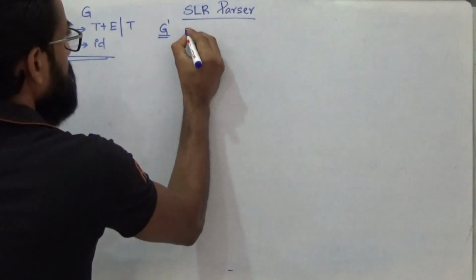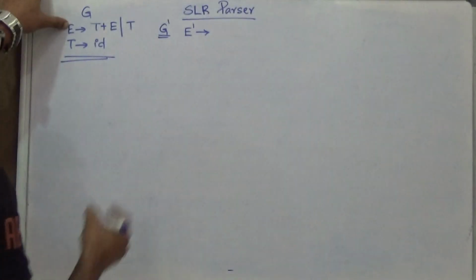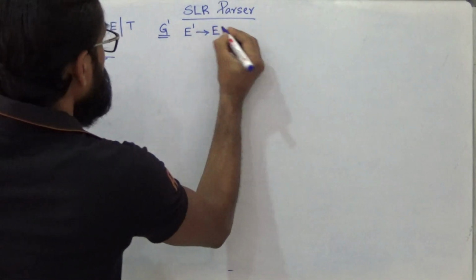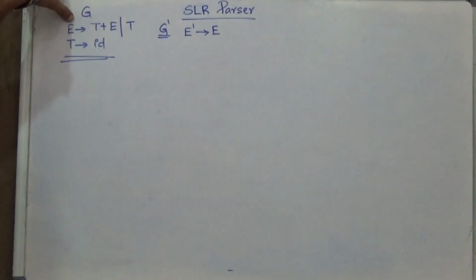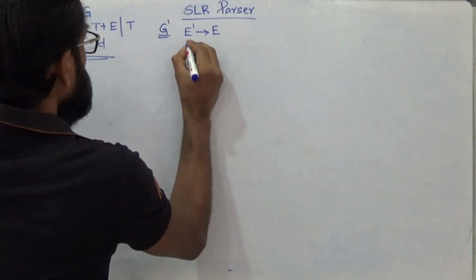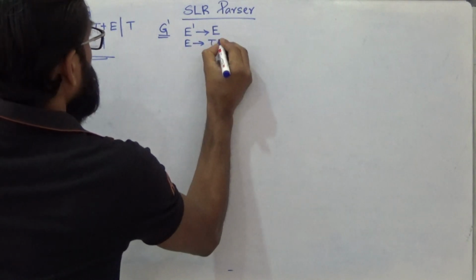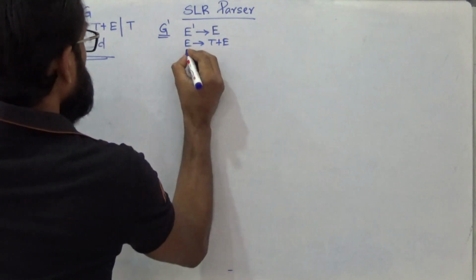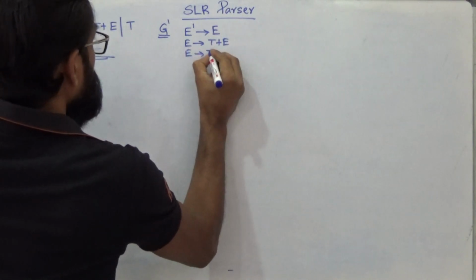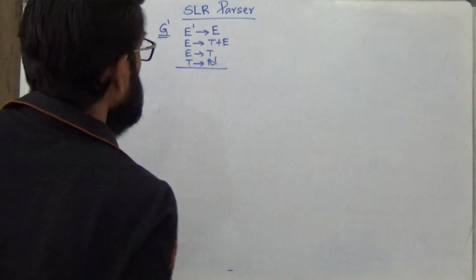So I am going to insert a new start symbol E dash, and you have to insert a production E dash giving E, where E is the start symbol in your grammar G. Now you can leave remaining productions as such. E giving T plus E, you can write E giving T, T giving ID. So this is the augmented grammar.